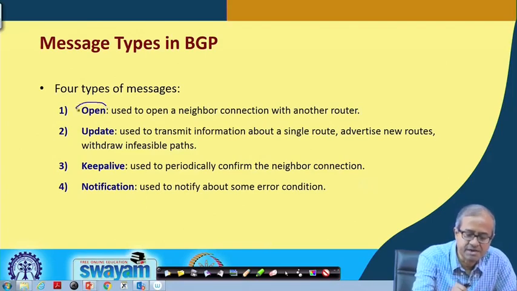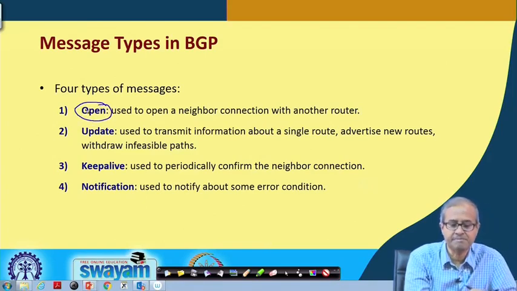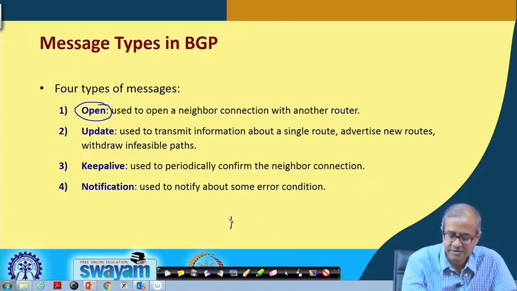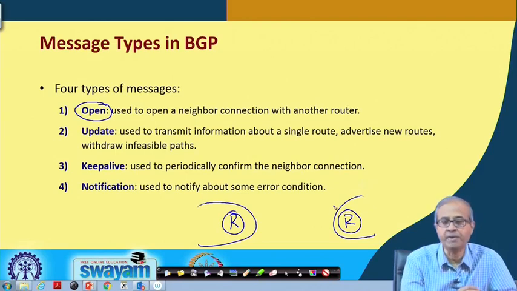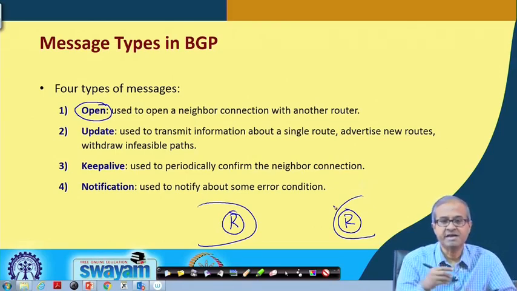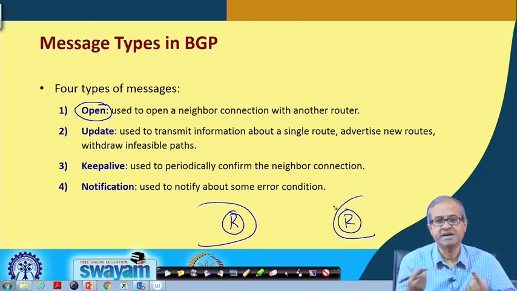There is a message type called open. Well, open says, if I have one router here in one autonomous system and another router here in another autonomous system, this open message can start or initiate a neighborhood connection between the two routers.